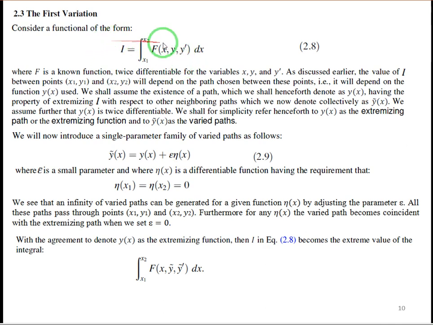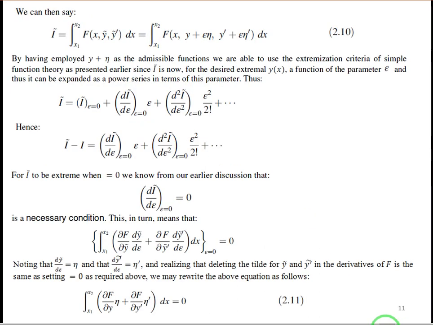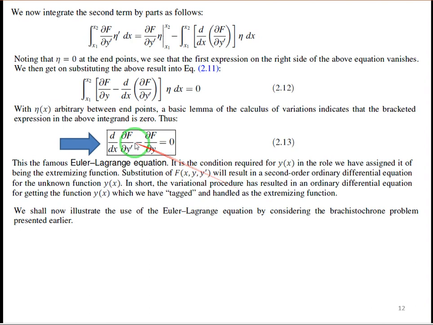To find an extremum function y which is going to minimize or maximize this integration, we must solve the Euler-Lagrange equations with appropriate boundary conditions, as we discussed in our previous chapter.